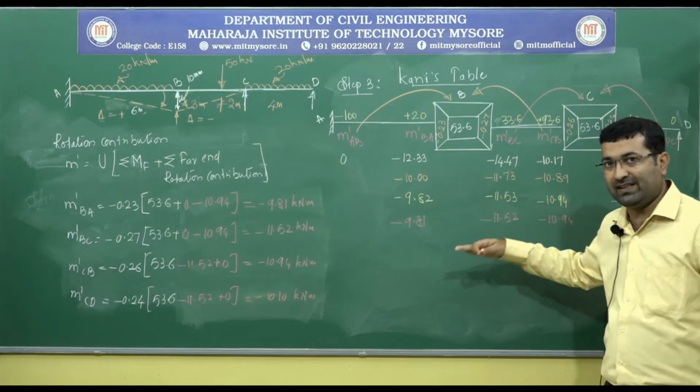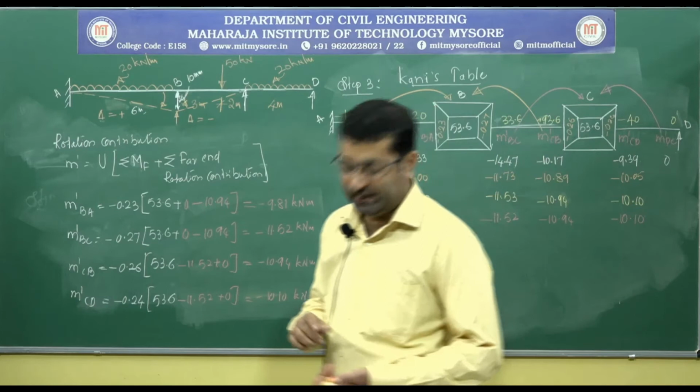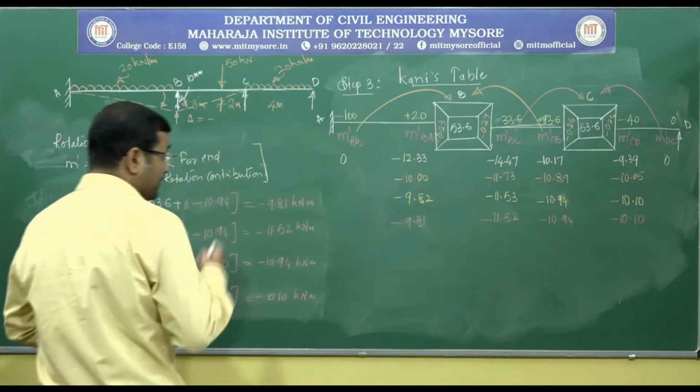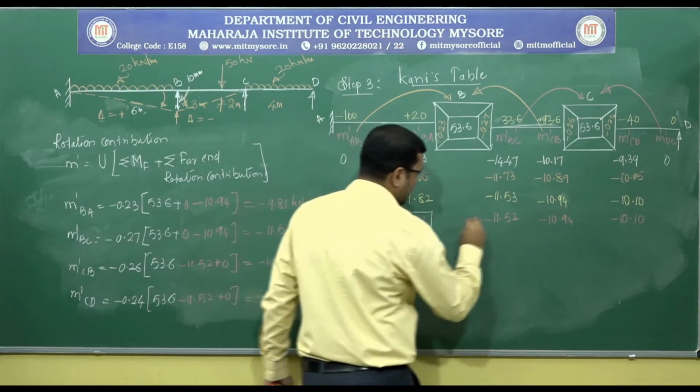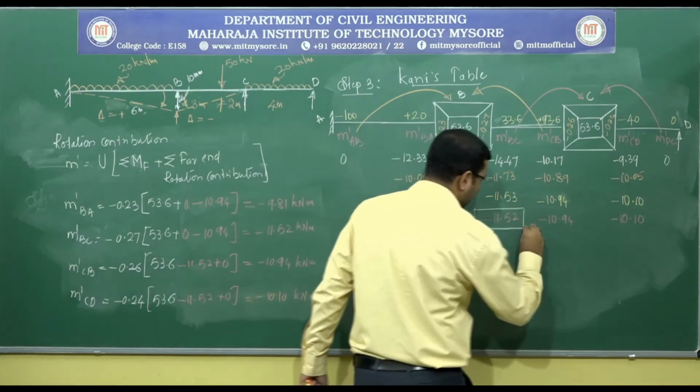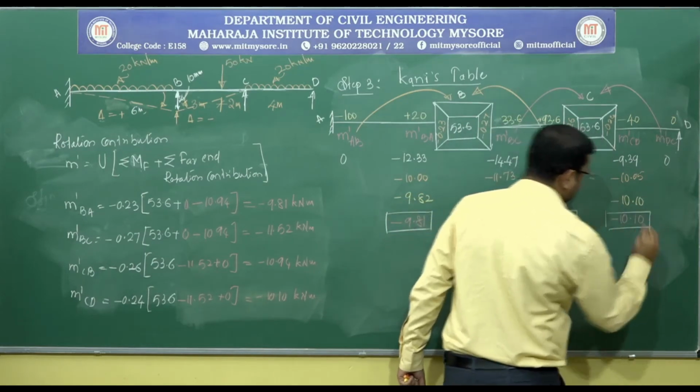It means if I go for the next cycle, then obviously in the next cycle the value will be exactly similar. So based on this understanding, we can finalize these are the final rotation contributions for the joints.